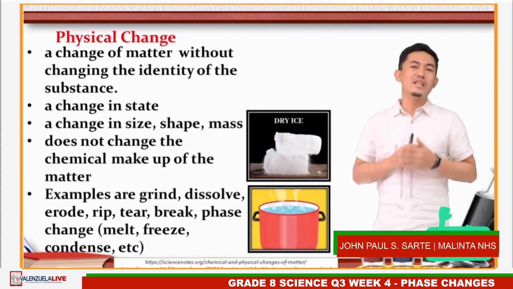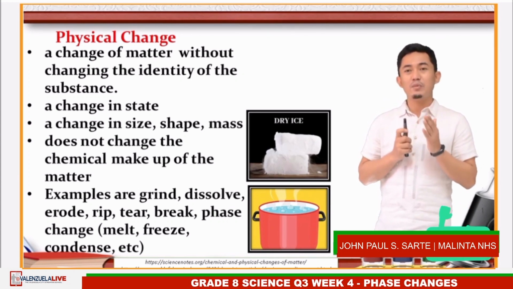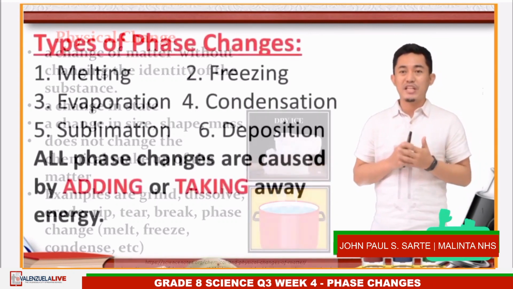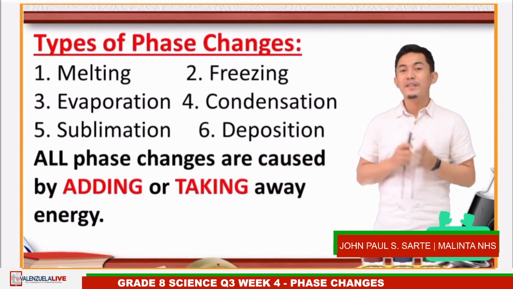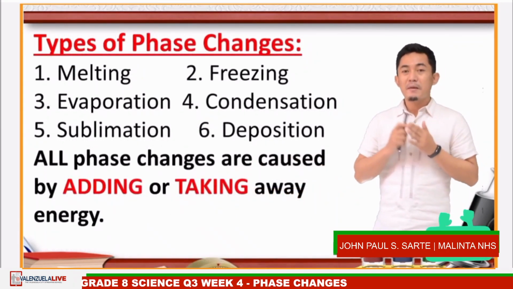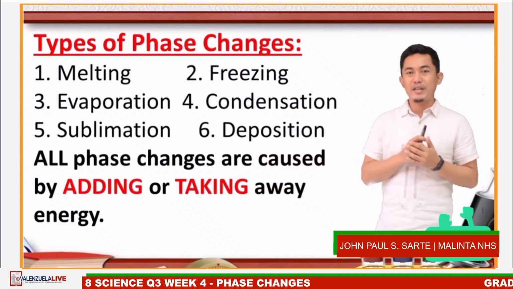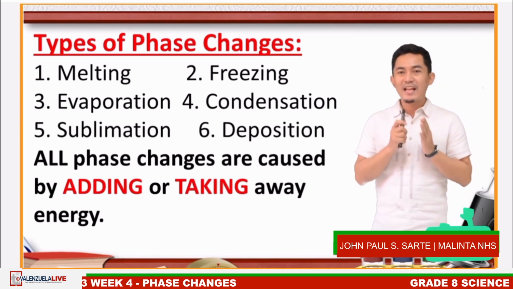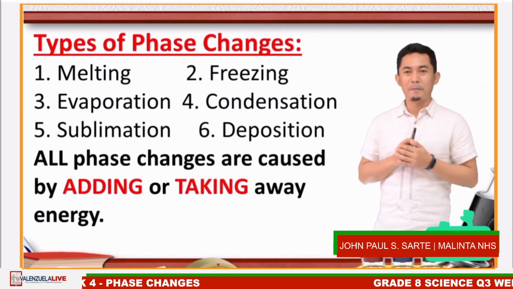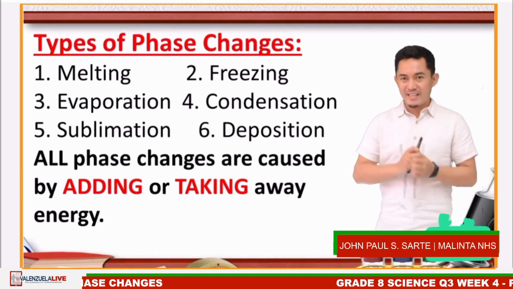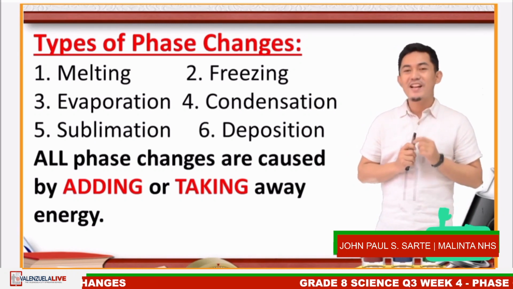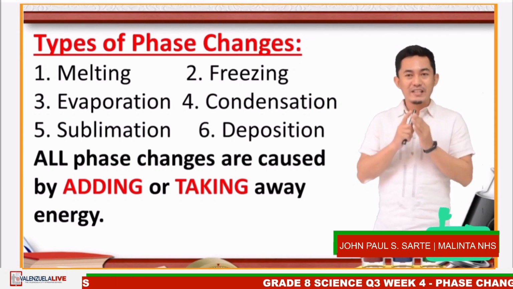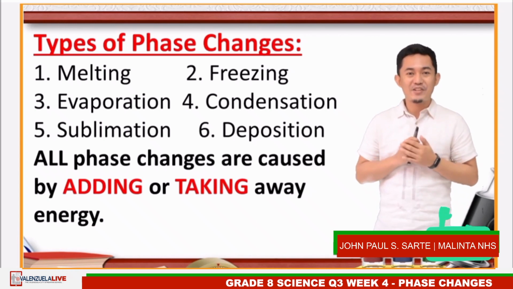As we learn those things, we need to deal with types of phase changes. These are melting, freezing, evaporation, condensation, sublimation, and deposition. All phase changes are caused by adding or taking away energy.